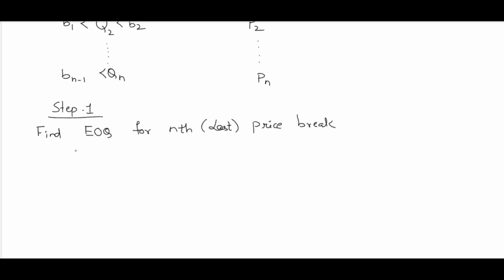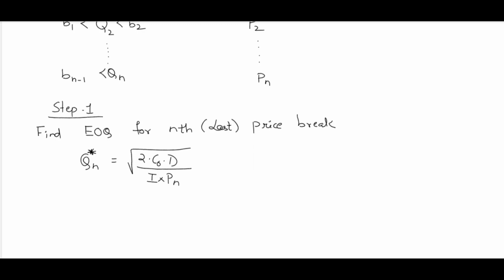The EOQ formula is denoted by Q star, economic order quantity, and for the nth price break, Q star n is equal to the square root of 2 C0 D divided by I into Pn.